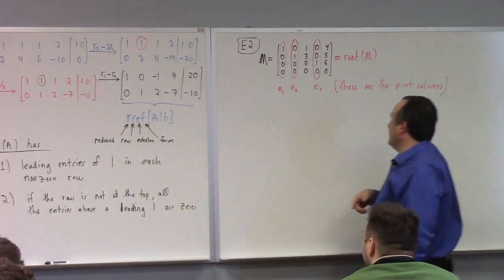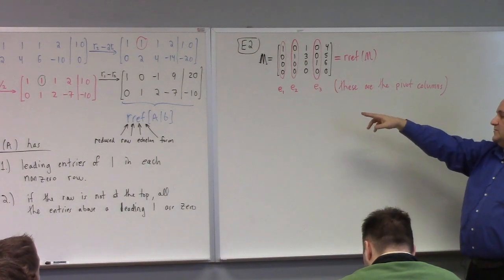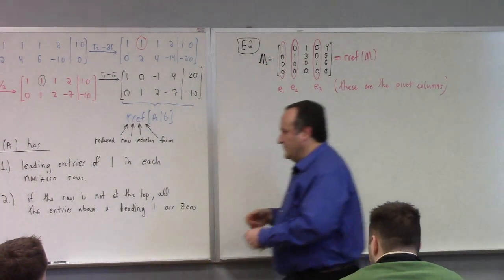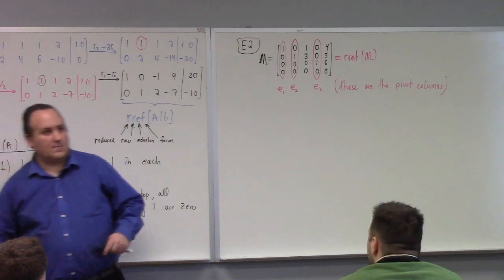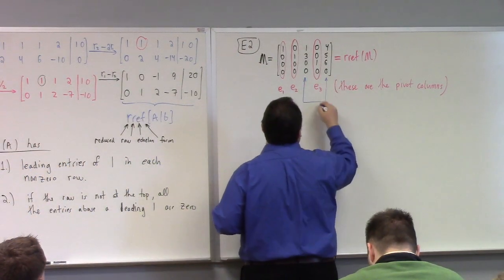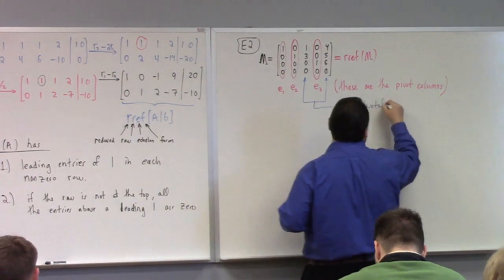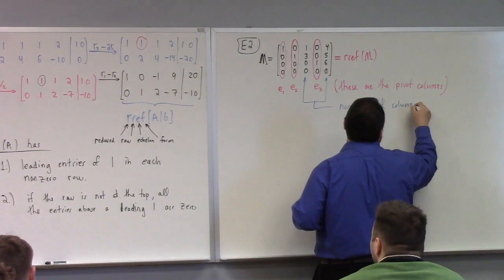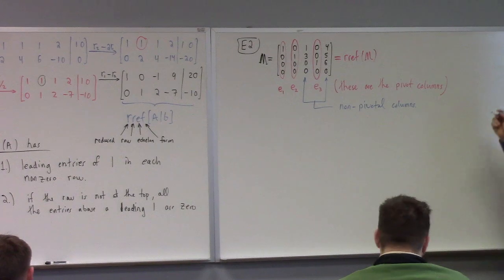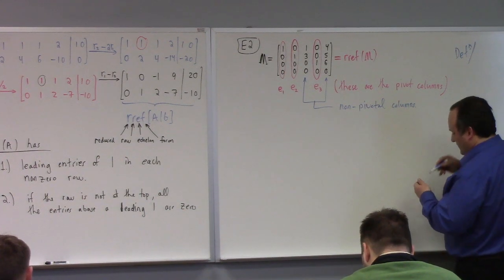Anyway, something like that. So the pivot columns are the columns which are just E1, E2, or E3. And the other two columns are what we call non-pivot columns.